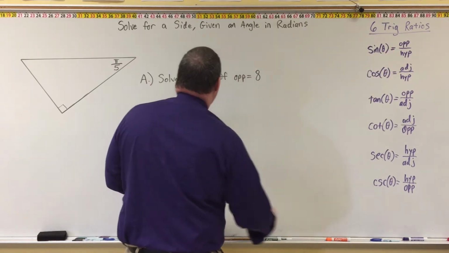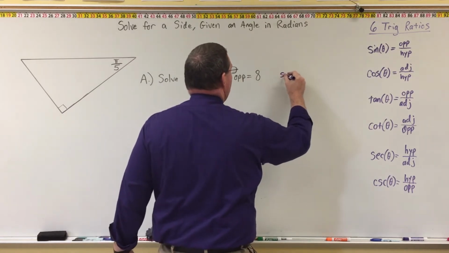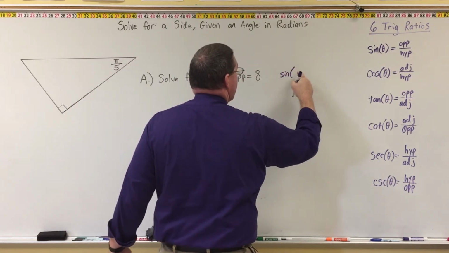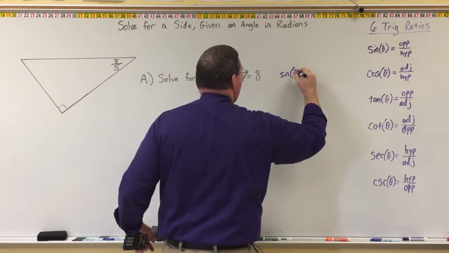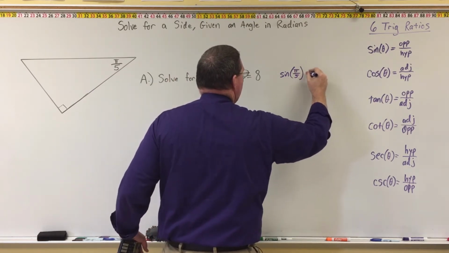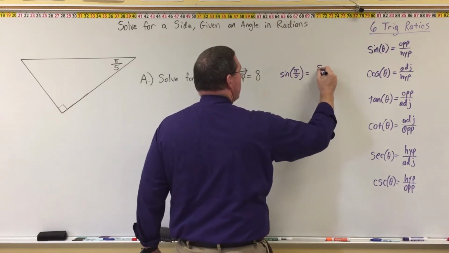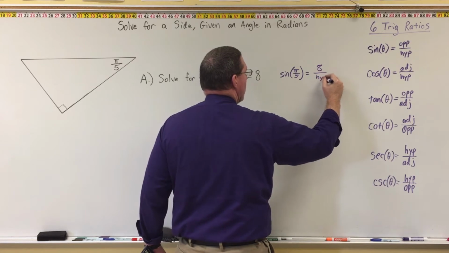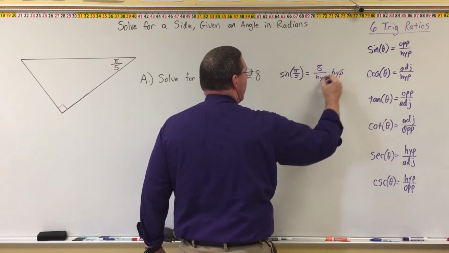So to solve this, we're going to say that sine of, but instead of putting in degrees here, we're going to put in pi over 5. Sine of pi over 5 is equal to opposite, which in this case is 8, over hypotenuse. And now to solve this, we're going to multiply both sides by hypotenuse to cancel.